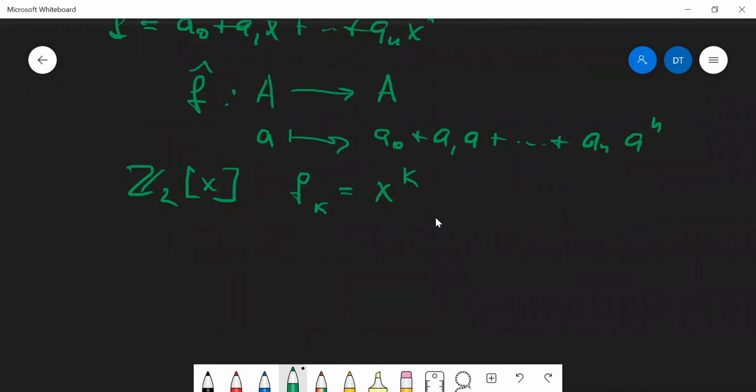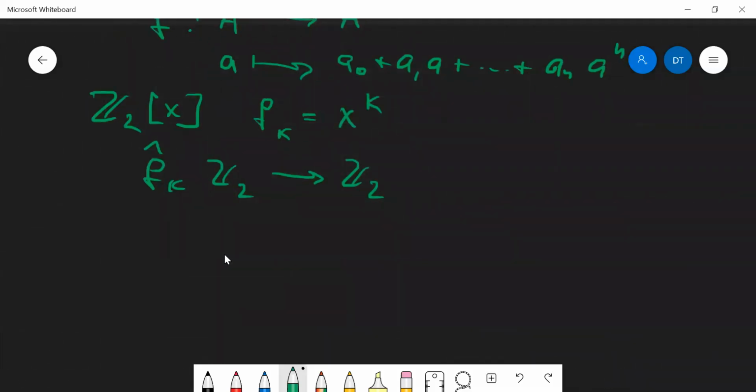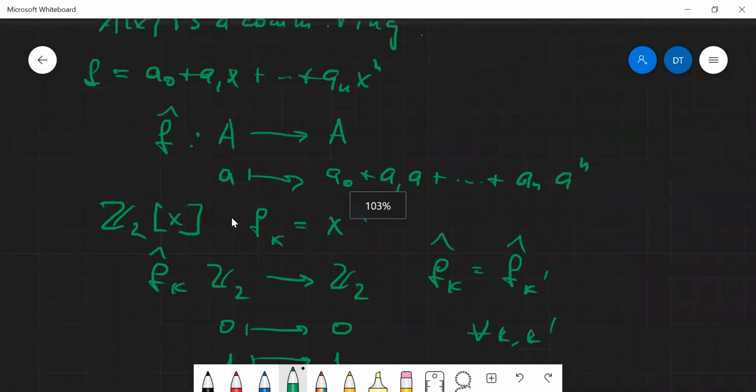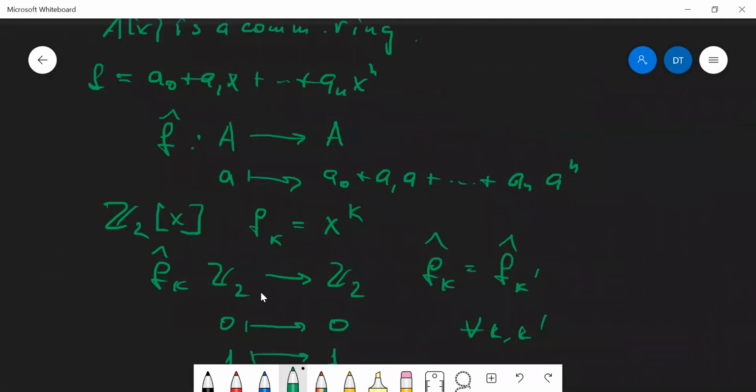All these polynomials are different, but if we consider the corresponding functions, how do they work? They take 0 to the kth power of 0, which is 0, and they take 1 to the kth power of 1, which is also 1. So all the functions are the same for any k and k prime. That's why there is a difference between polynomials and functions.